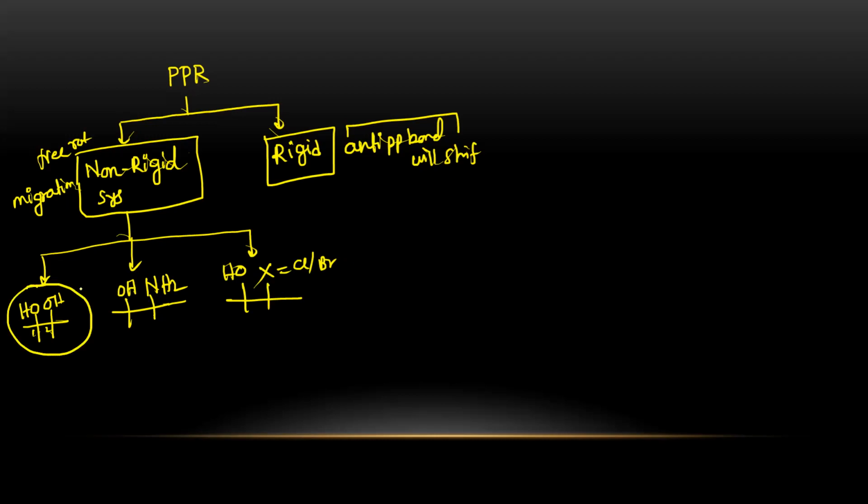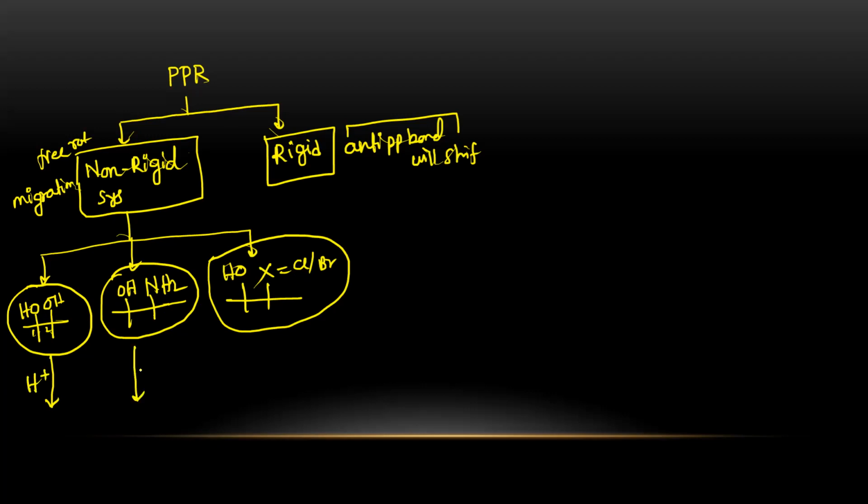Now you have to identify the substrate first. To identify whether Pinacol rearrangement will occur or not, first you have to identify the substrate. So you have identified the substrate: 1,2-diol, or NH2 and OH, or OH and X. Now you have to identify the reagent. If both groups are OH, then the reagent will be H+. If one is OH and another is NH2, the reagent will be HNO2, that means nitrous acid.